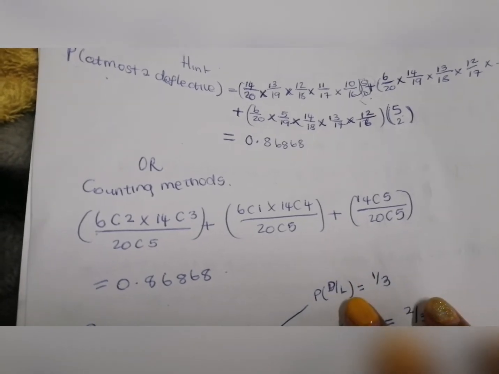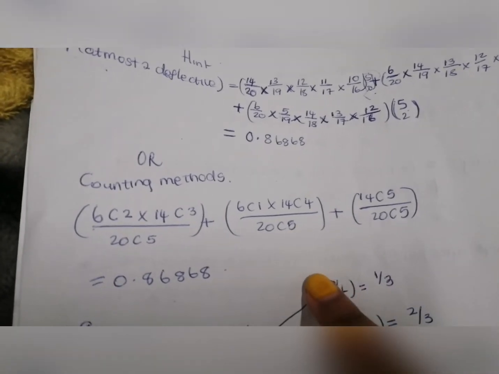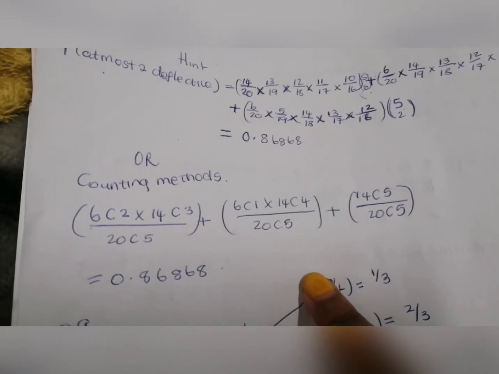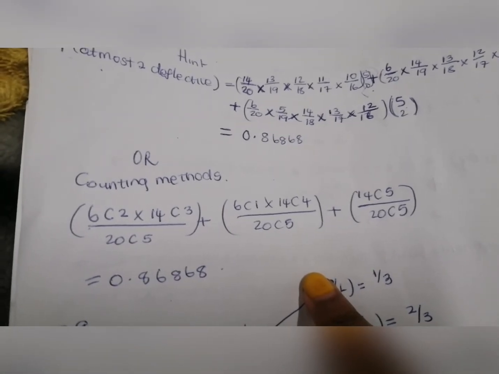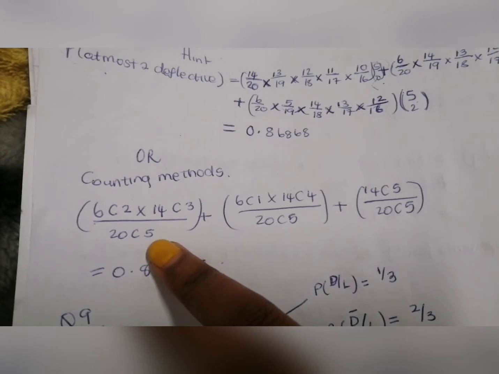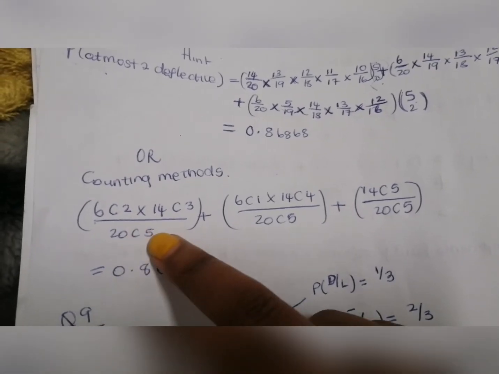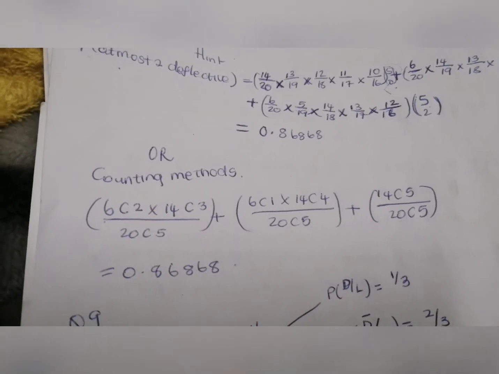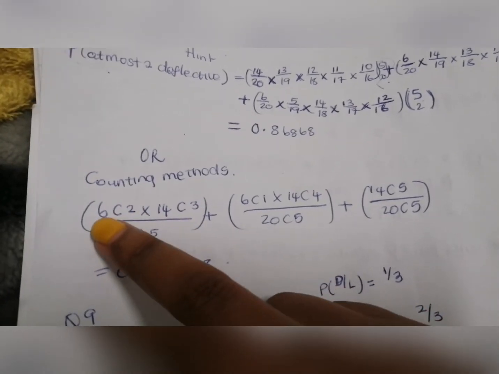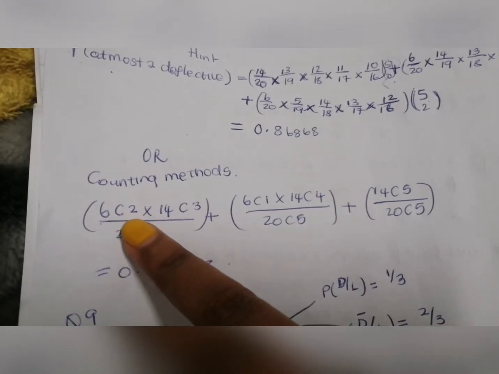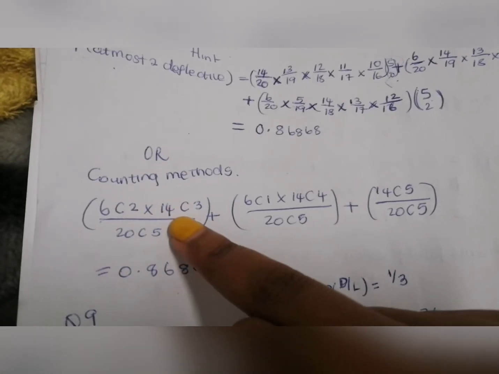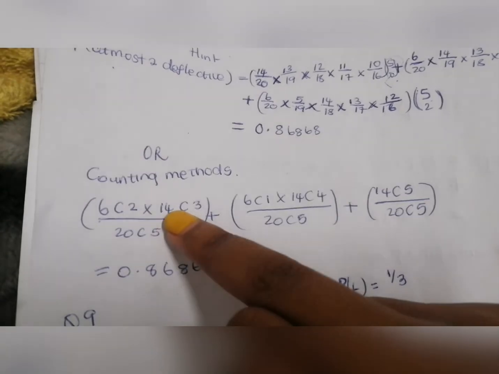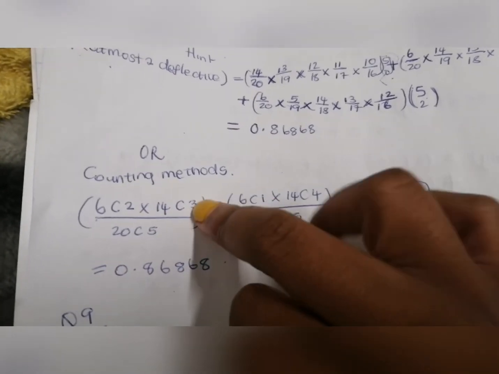Or you can just use the counting method principle, depending on how you understood the question. So this is our sample space: from 20 nails we are going to choose 5. Here, because we know that we have 6 defective, we're going to choose 2 from them, and then from the 14 that are not defective, we're going to take 3.